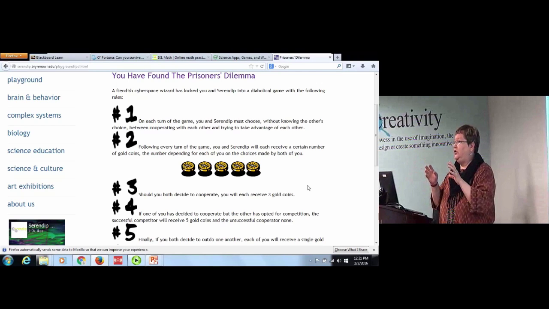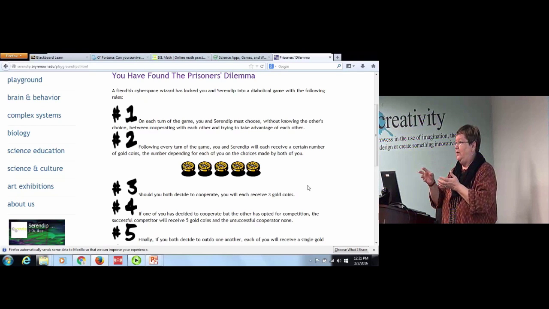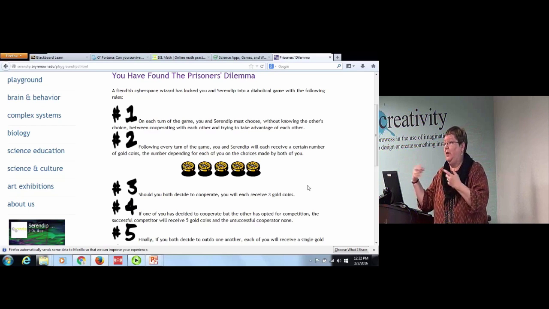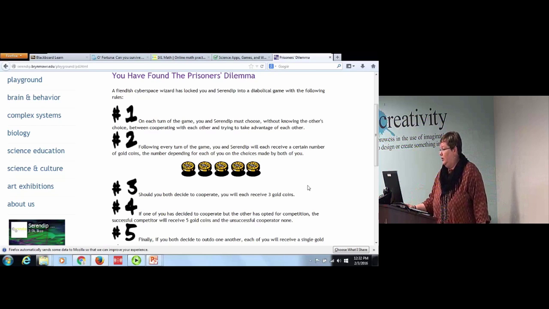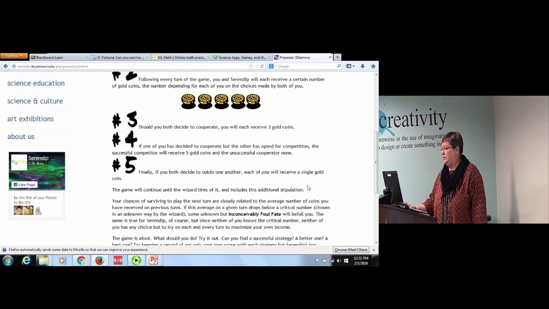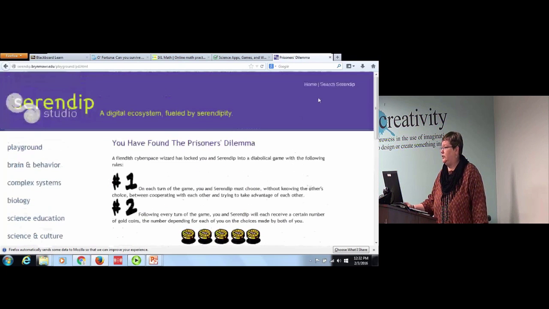And each decision, you decide whether you're going to side with that other prisoner or you're going to work against the other prisoner. And at the same time, the other prisoner is doing that. Well, the game is playing against you. And so what you do is you see how you make choices in this situation. This is something that political scientists do a lot of.